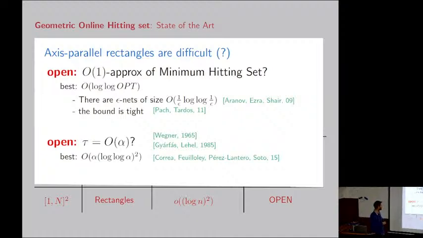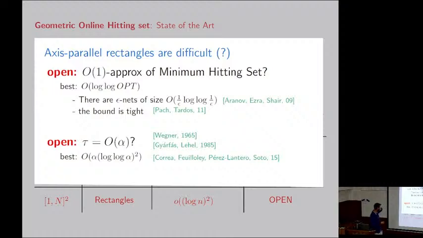The best is log opt. For rectangles, this is obtained by getting small epsilon nets, and the bound of the epsilon net is tight for rectangles. We don't really know how to get a constant approximation for hitting sets not based on epsilon nets.